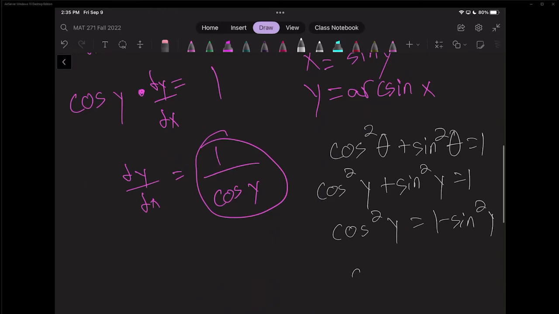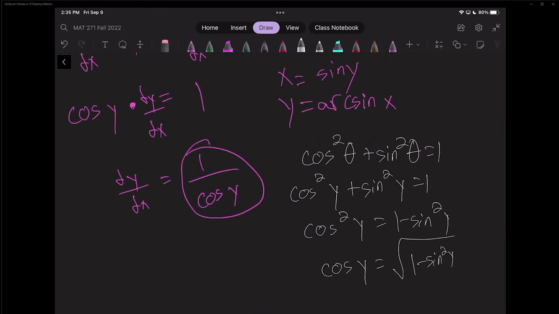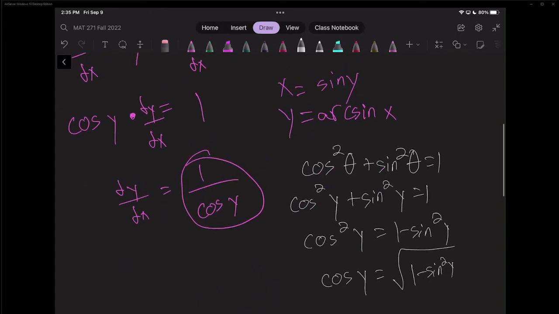So logically, this means that cosine y is equal to the square root of this. And the reason why this is going to be useful to us is because x is sine of y. Since x is sine of y, once I have this in terms of sine of y, I'm going to be able to rewrite this in terms of x, which is what I want my function to be written in terms of.